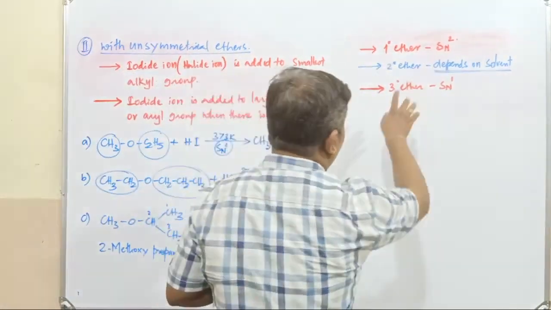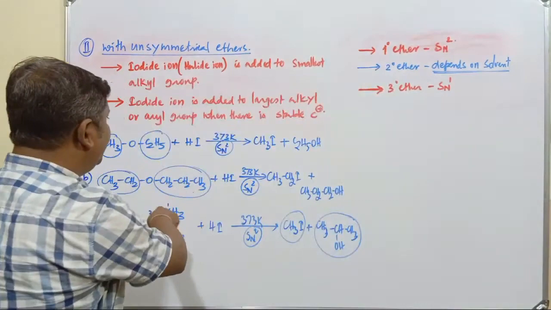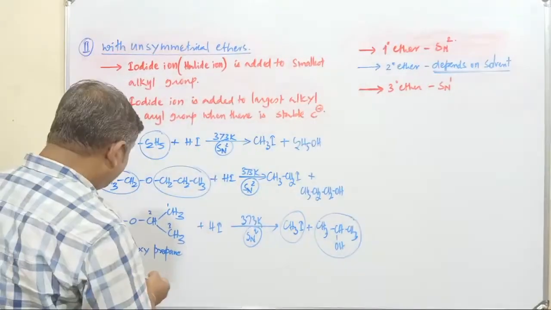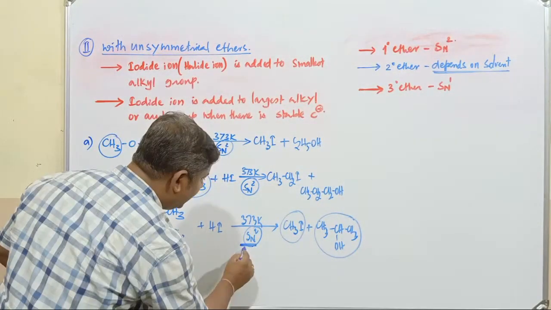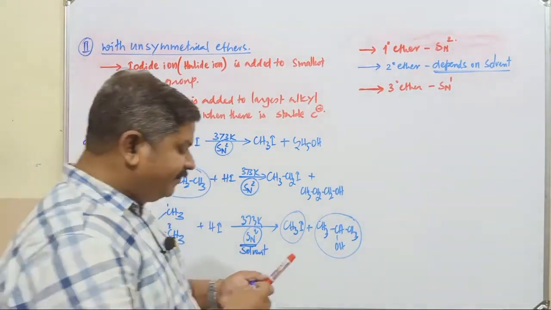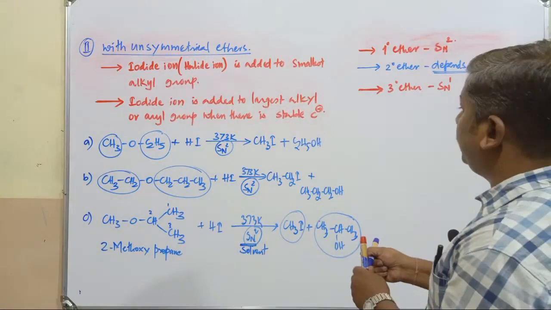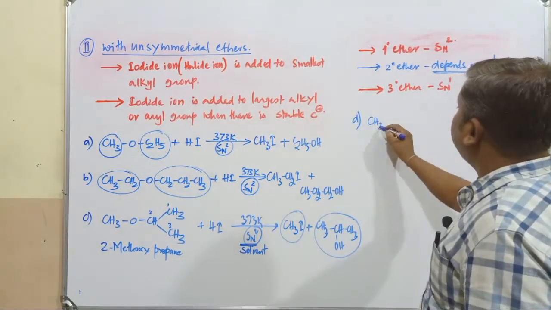That is going to be very important. Primary ether follows SN2. Secondary ether depends upon the solvent. In the case of tertiary ether, which mechanism? SN1 mechanism.